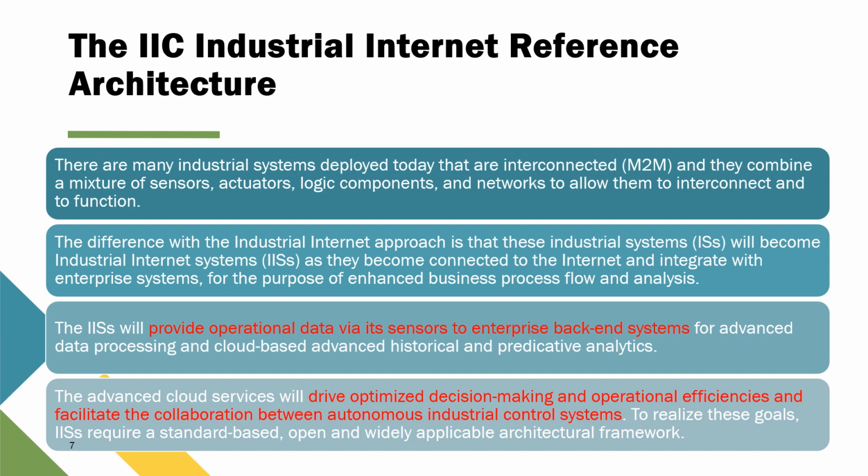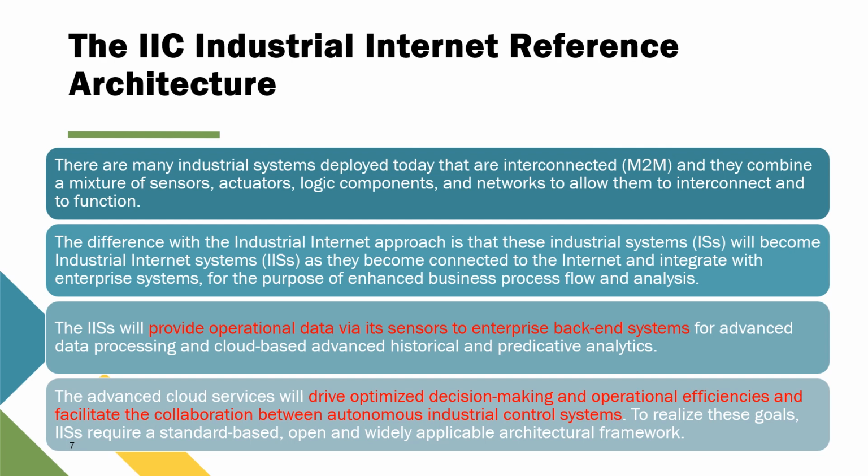In the M2M system that we know currently, they combine a mixture of sensors, actuators, logic components, and also some network to allow them to interconnect and function. The difference from the industrial internet approach is that we call it an industrial system before it's connected through the internet.